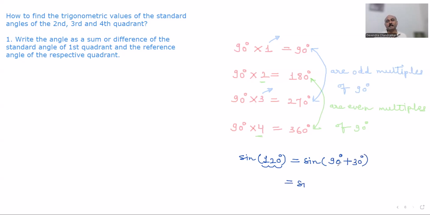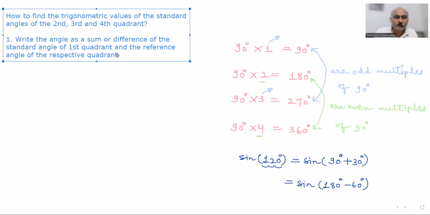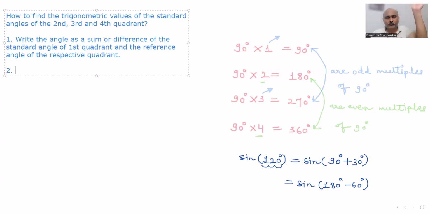Or you can write it as sine of 180 degrees minus 60 degrees. Yes or no? This is what I mean by the first step. Clear? Yes, sir. Okay, good.